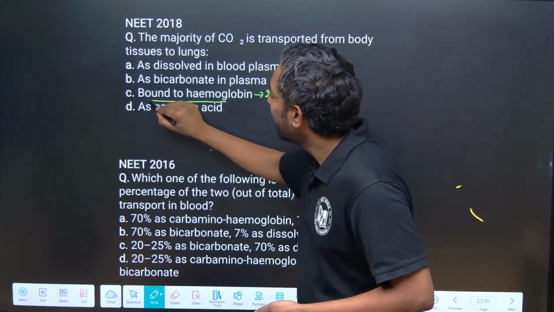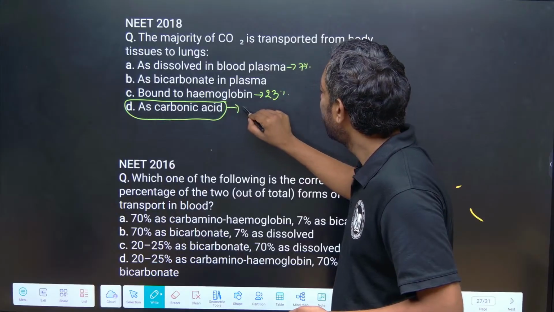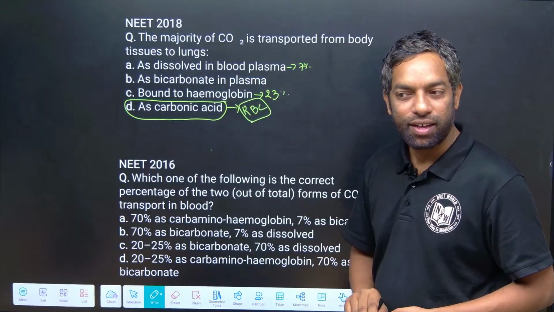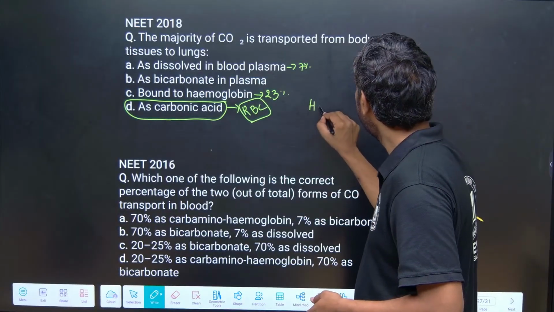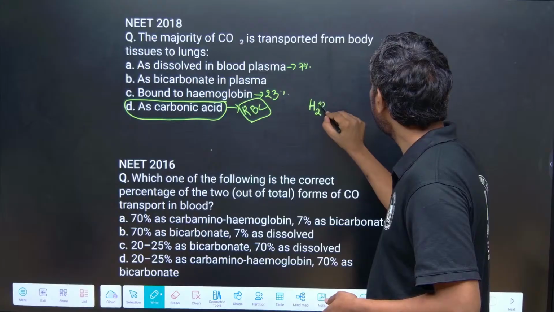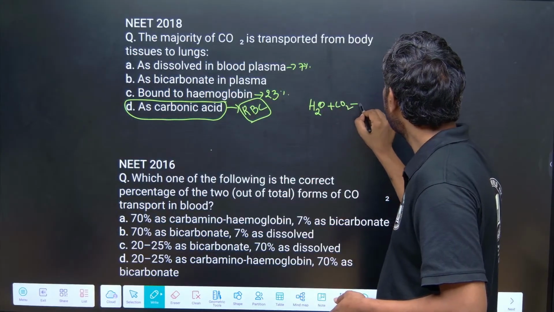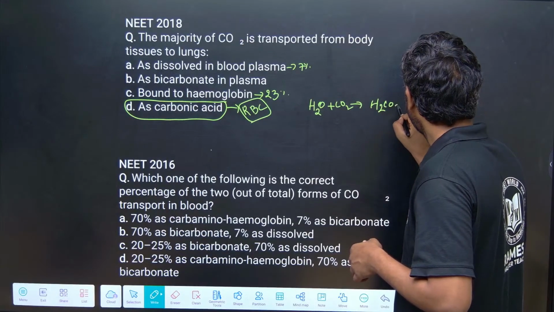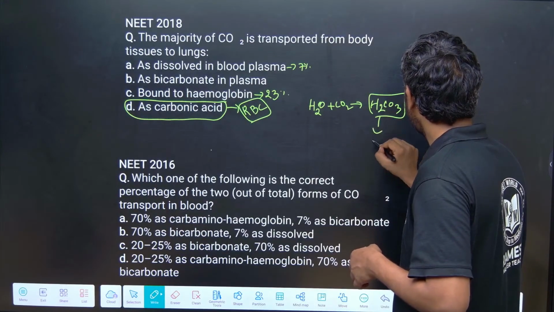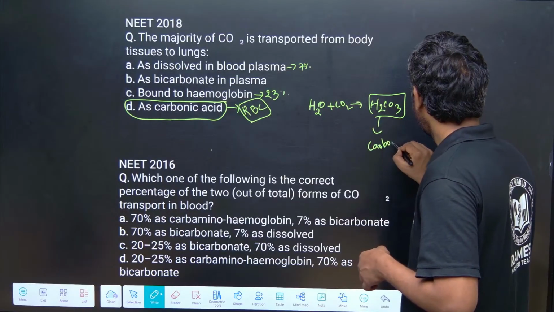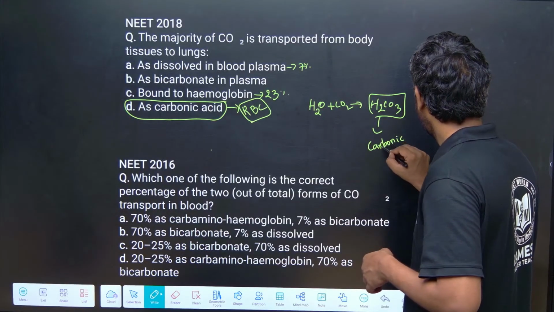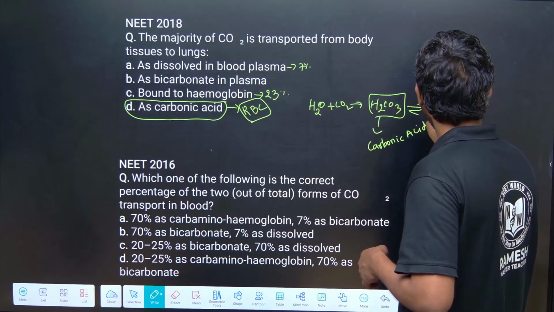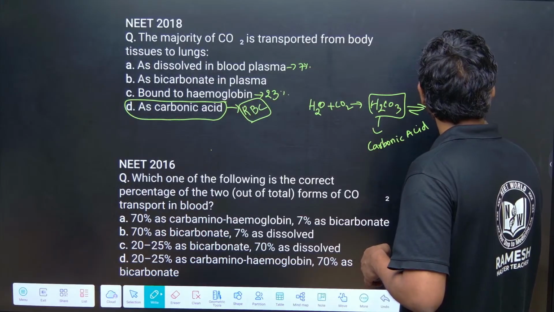Carbonic acid is there in the RBC. H2O plus CO2, what can they form? Carbonic acid, H2CO3. This is carbonic acid. This is further converted into H plus HCO3 minus.